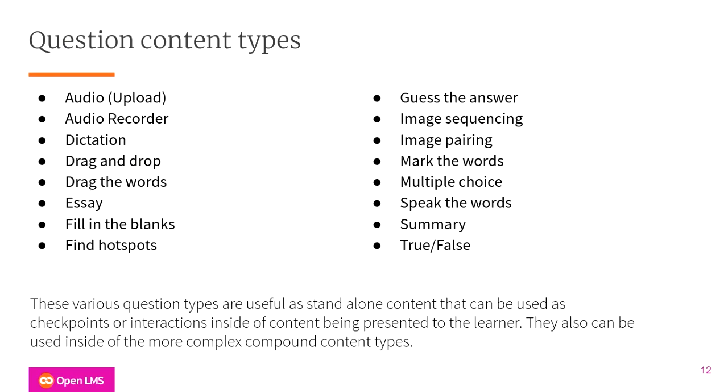Mark the words, multiple choice, fill in the blank, true/false, all that kind of stuff. Dictation is brand new. It allows you to say words that you're reading, and it tests to see that you're doing things correctly. I have not experimented with that one yet because it is pretty new, but it's kind of cool and interesting and seems like it would be fun for language classes.